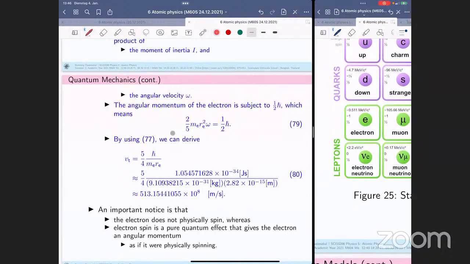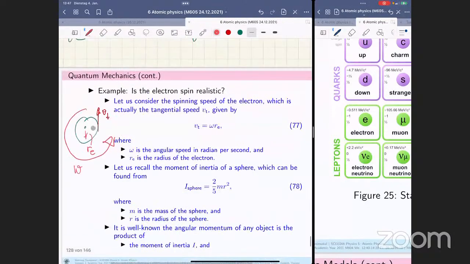The mass of the electron is 9.1 times 10 to the -31, and the radius of the electron is 2.82 times 10 to the -15, even less than the atomic size. Atomic size is on the order of 10 to the -10, which is 1 angstrom, but this is much less than 1 angstrom, 10 to the -15. That's the radius of the electron.